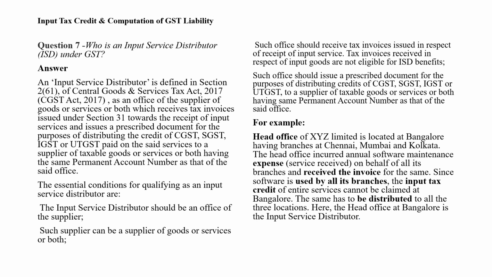So now the answer is an input service distributor is defined in section 2 subsection 61 of the Central Goods and Service Tax Act 2017, CGST Act 2017, as an office of the supplier of goods or service or both, which receives tax invoices issued under section 31 towards the receipt of input services and issues a prescribed document for the purpose of distribution of credit of CGST, SGST, IGST, UTGST paid on the said services to a supplier of taxable goods or services or both, having the same permanent account number.